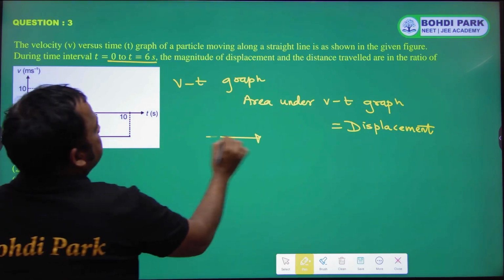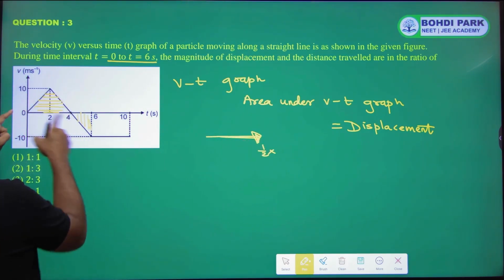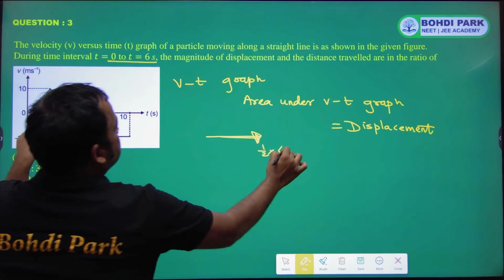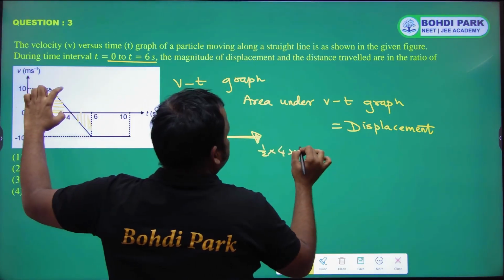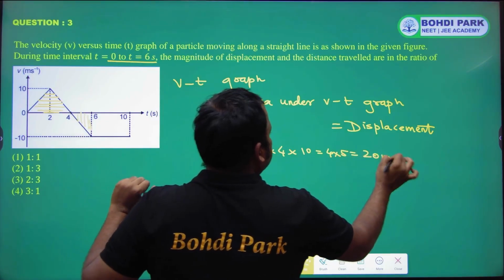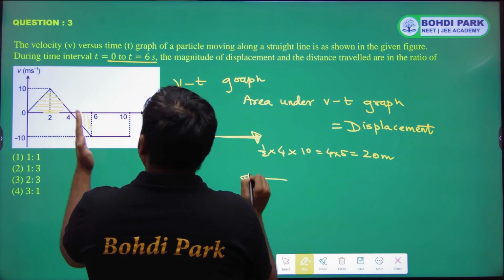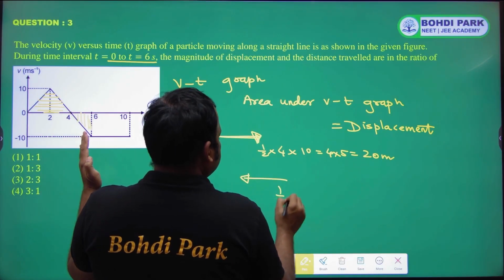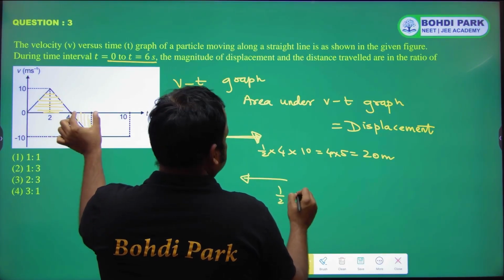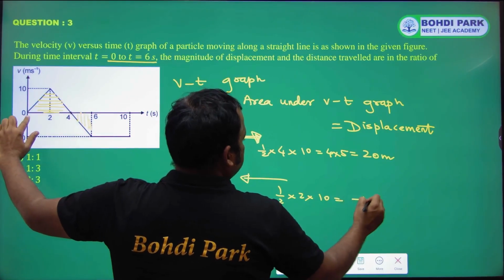So positive displacement means rightward displacement is, now find this area, so half into base into height. So this is 20 meter and leftward displacement is half into base into height, so minus 10 meter.